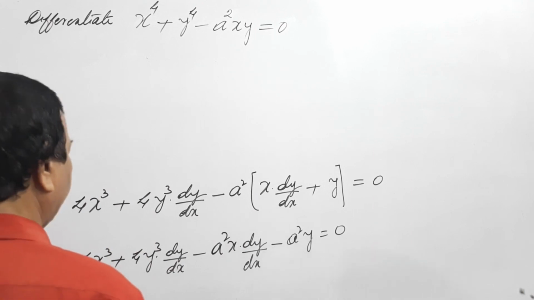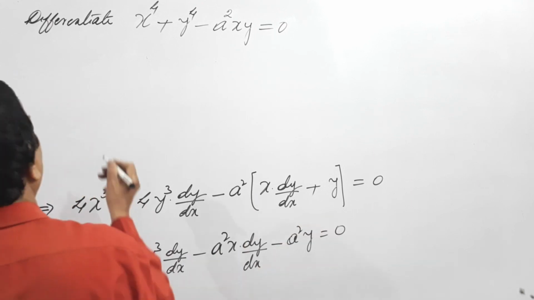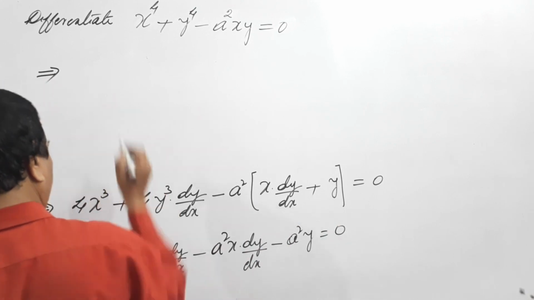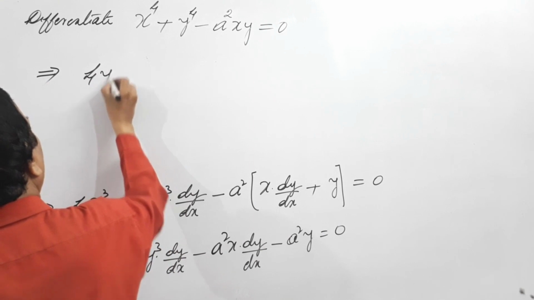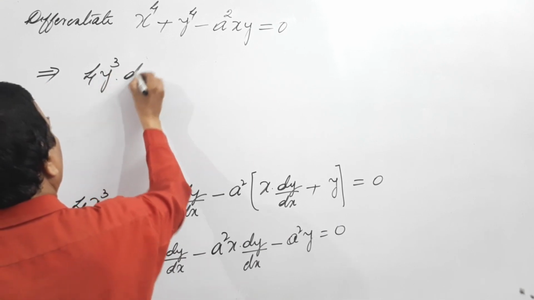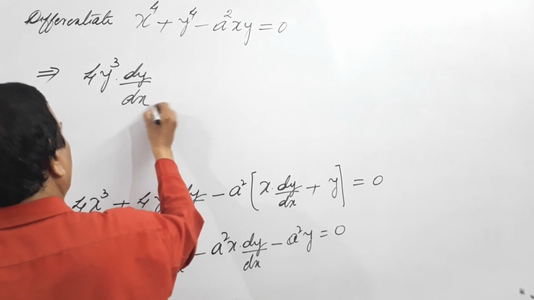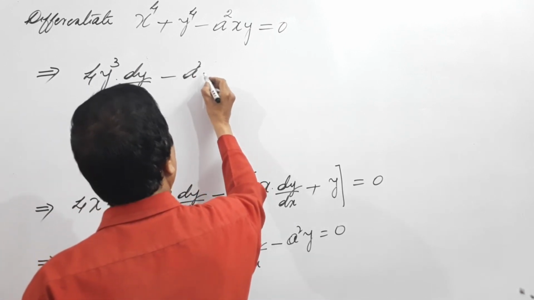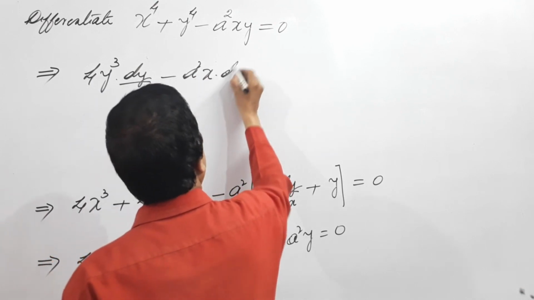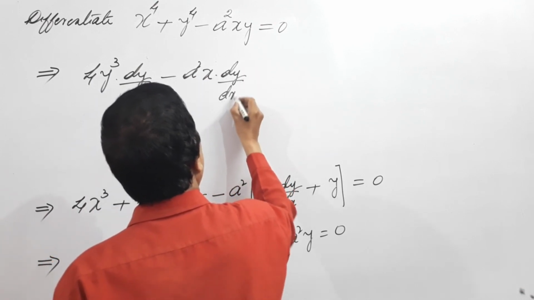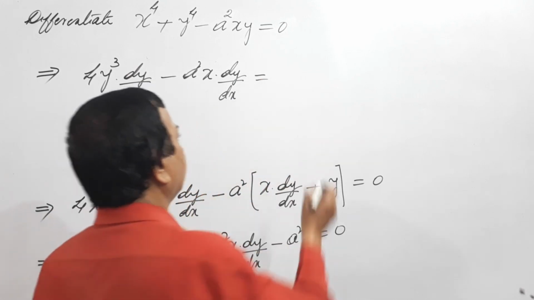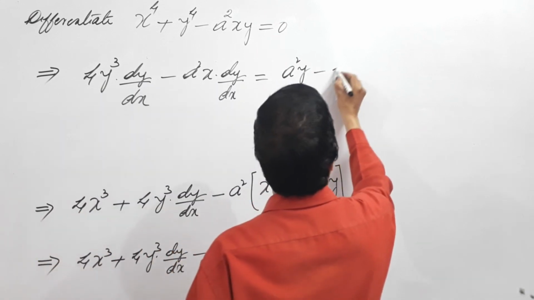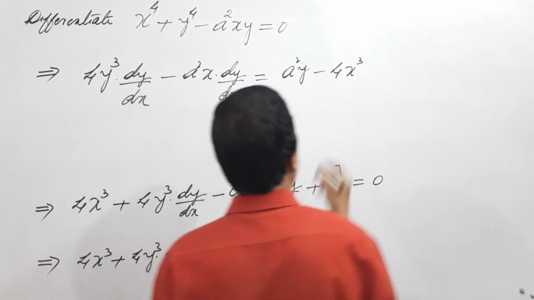So what I'll do, first I'll transfer this. This becomes 4y cube into dy by dx minus a square x into dy by dx. If you transfer this, that becomes plus a square y, and this becomes minus 4x cube.